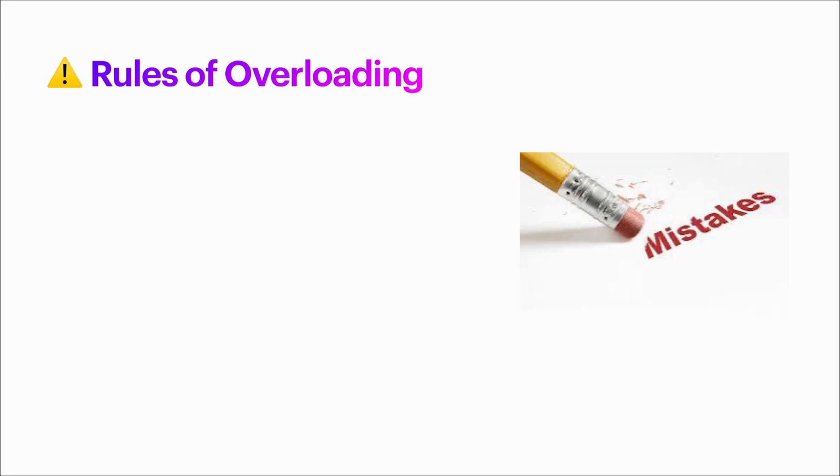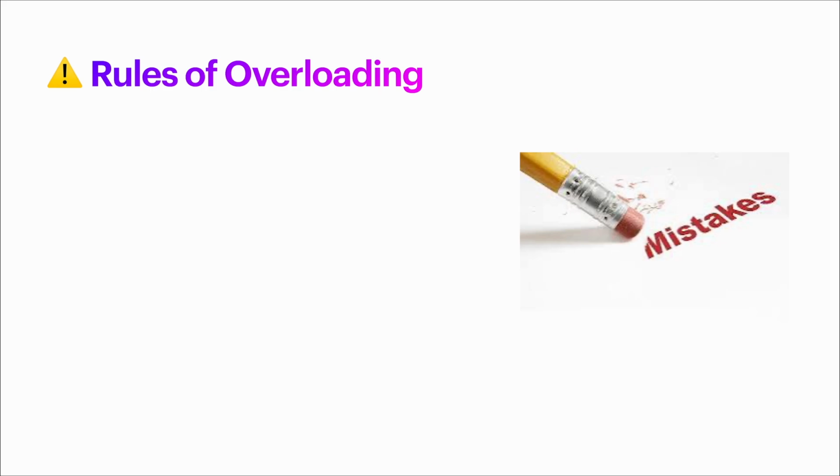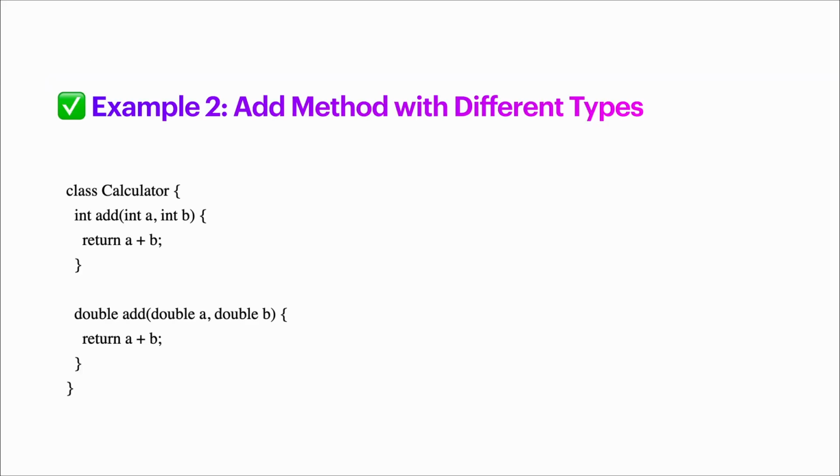What are the rules of overloading? Well, you can change the number of parameters, the types of parameters, and the order of parameters. You can't overload by changing the return type. Let's go back. In this method, we can change the number of parameters: int a, int b, int c, int d, int f, just like that. Then we can change the type of parameters.